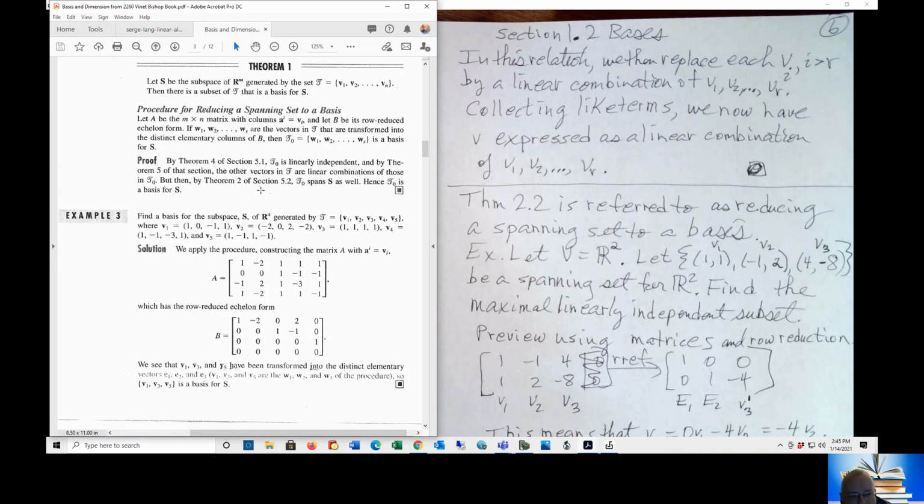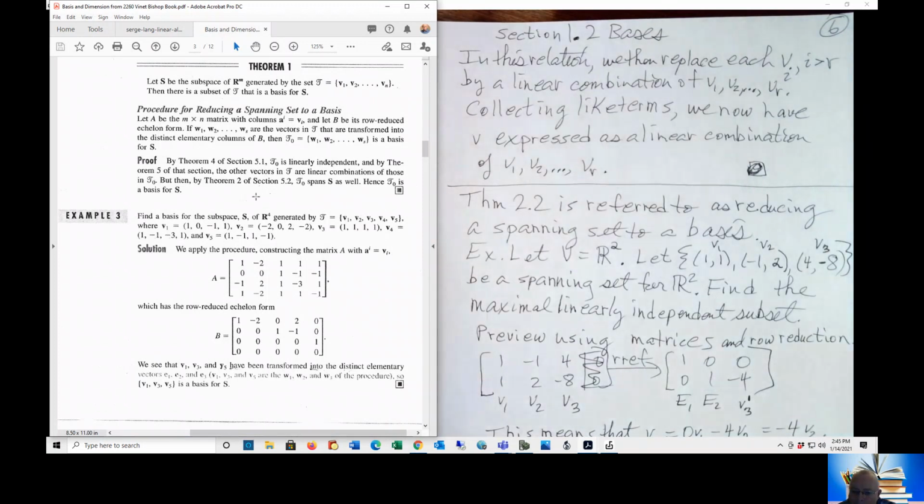And it says Theorem 1, and then below that, the procedure for reducing a spanning set to a basis. What you do, let's look at my example that I have handwritten on the right-hand side.